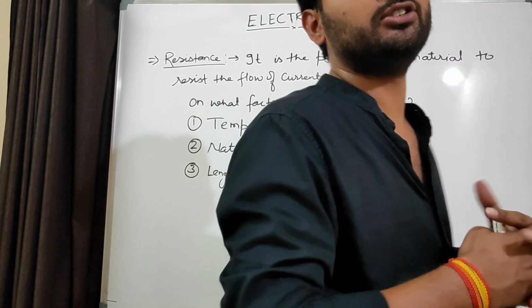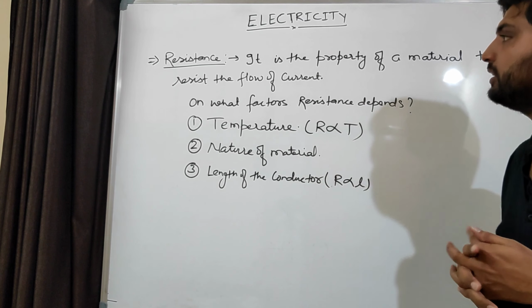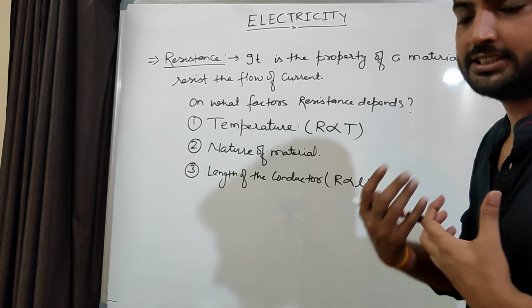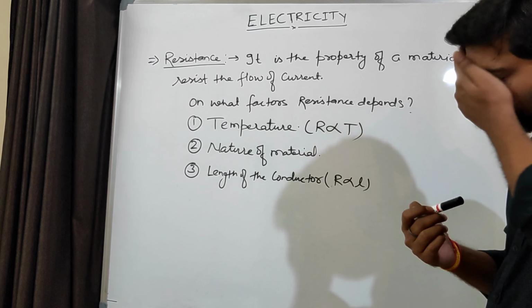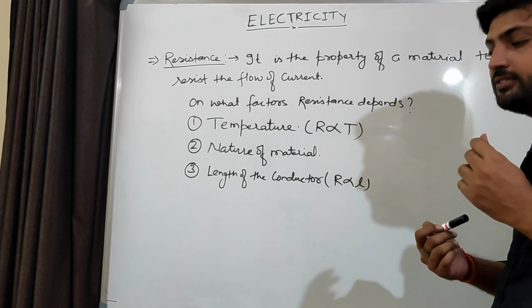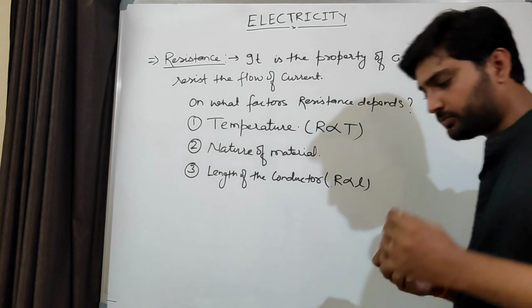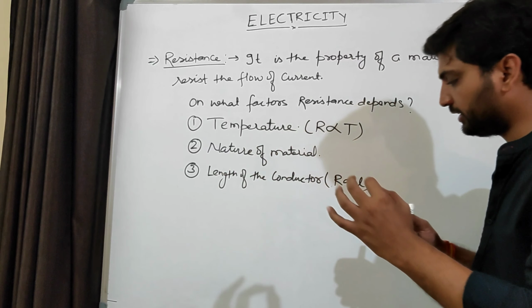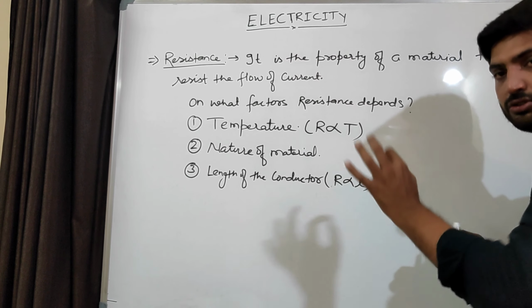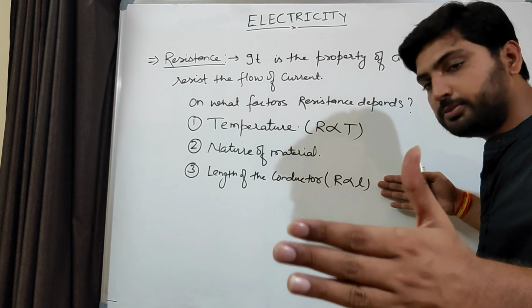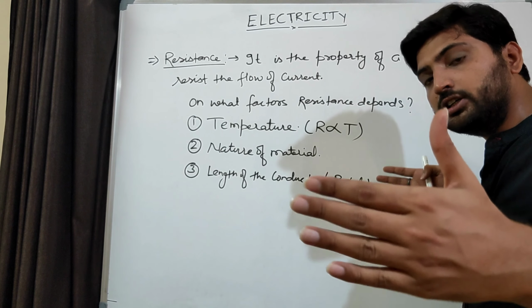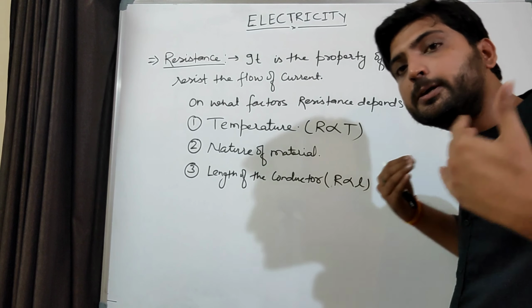In which condition will you feel more resistance? If you have to supply current from here to here, or in the next case from this place to this place, the length of this conductor is more, so resistance will also be more.